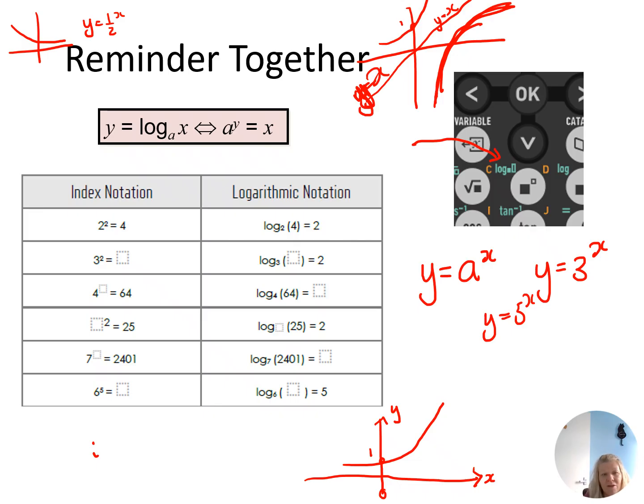And that means that log to the base 2 of 4 will equal 2. And here, just to do one of them for you, log to the base 3 of the answer we'd have here equals 2.